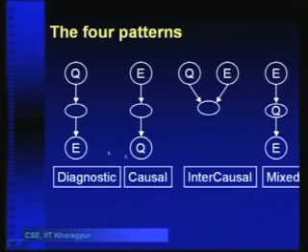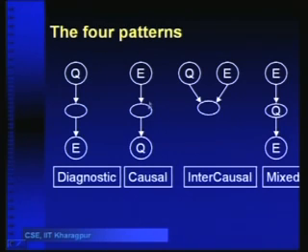See, in the first case, what is given to us is a successor in the belief network of the query. Like for example, here the query could be the probability of burglary given John calls. So, John calls is the evidence and burglary is the query that we want to determine.